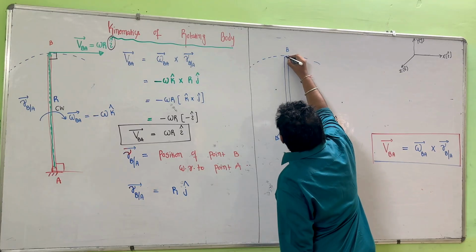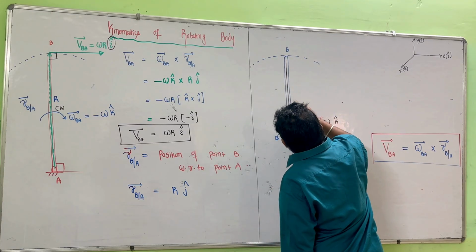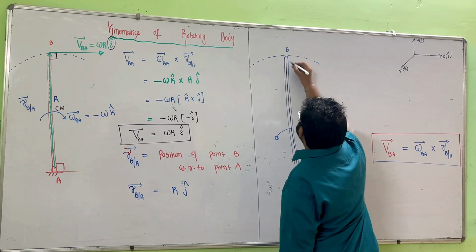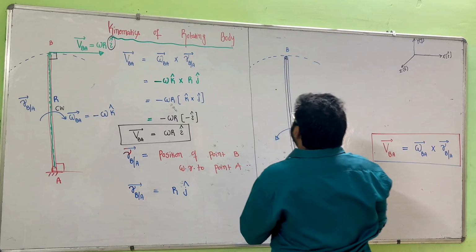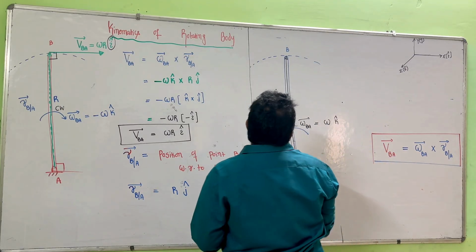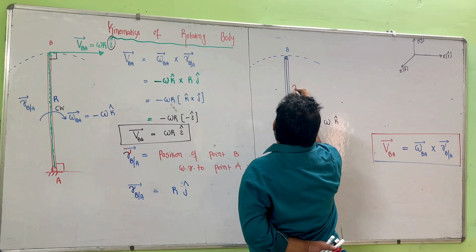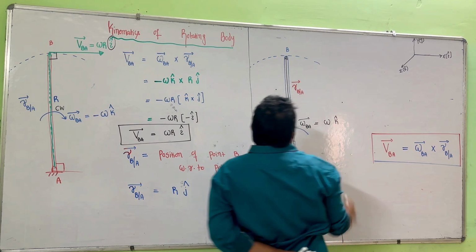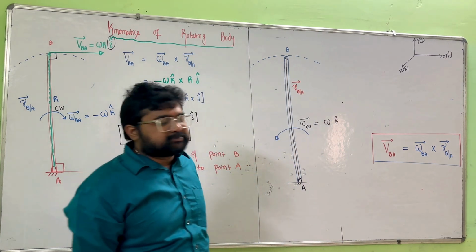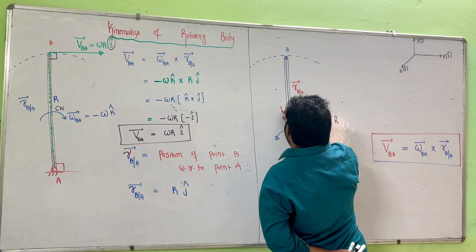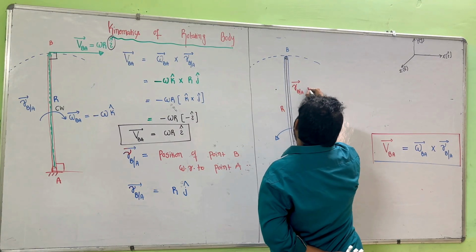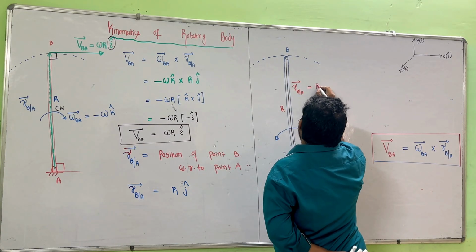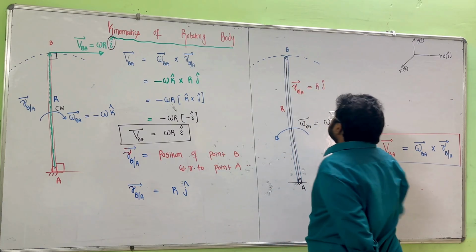So what is the position vector? What is the position of point B with respect to point A? That equal to how much? Length of the rod, R j cap.